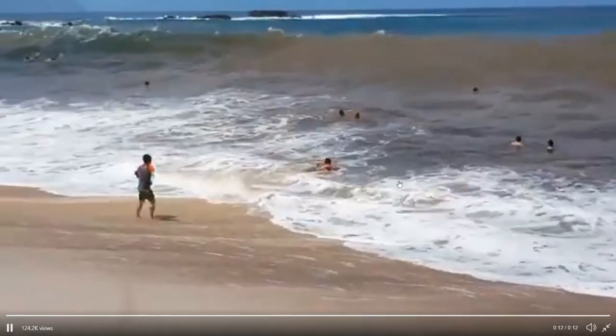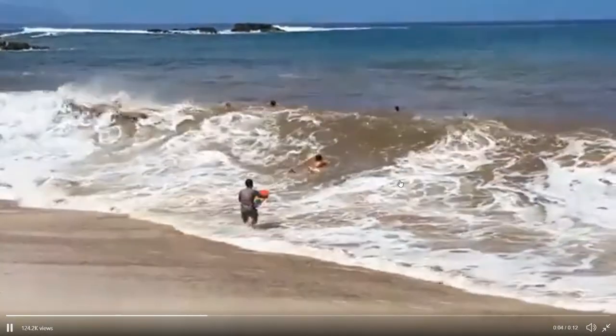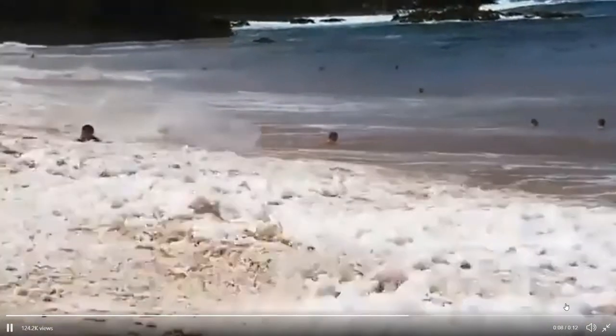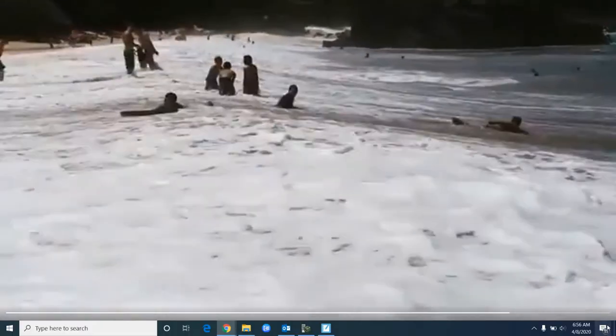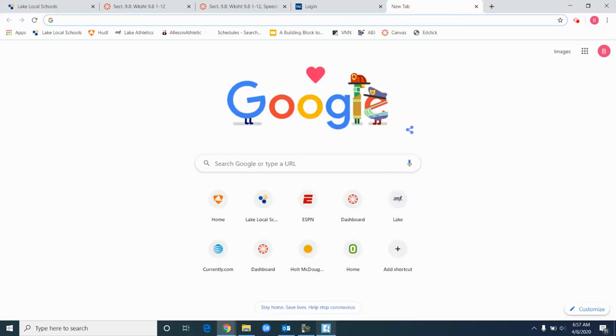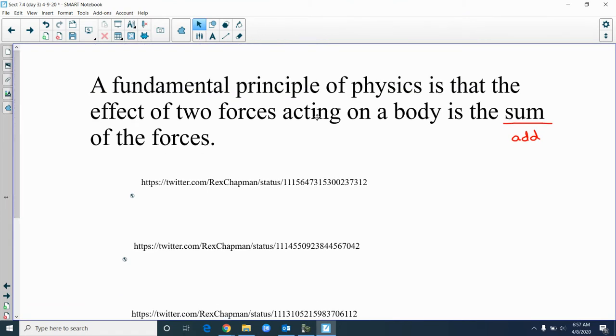The wave is the other force. Obviously, the wave wins this one. Those are examples of two forces coming together, two forces acting on each other, and you can see the result of the two forces.